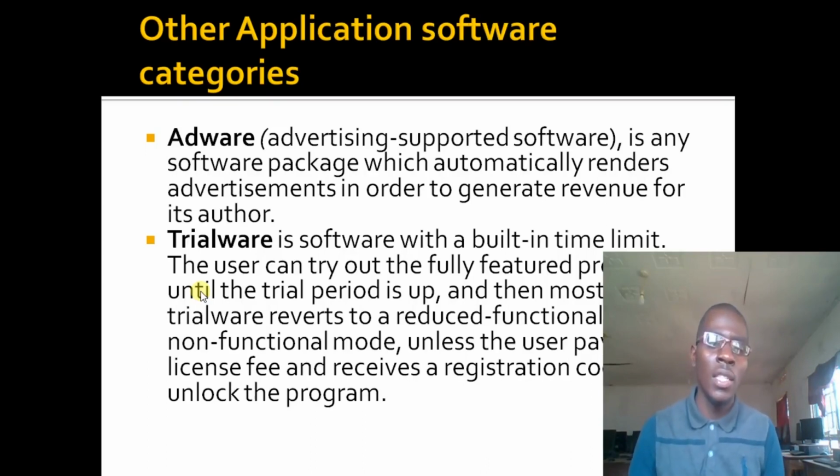So that period is called the trial period, as you are using it for free. Then if you find that you like the software, you purchase the license in order to continue using it. If you don't, they will always send you messages telling you to uninstall the software if you don't have the license. So those ones are trialware.